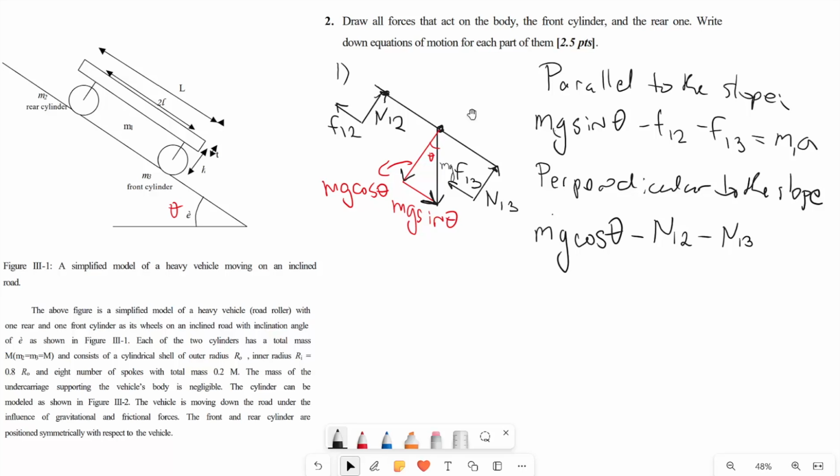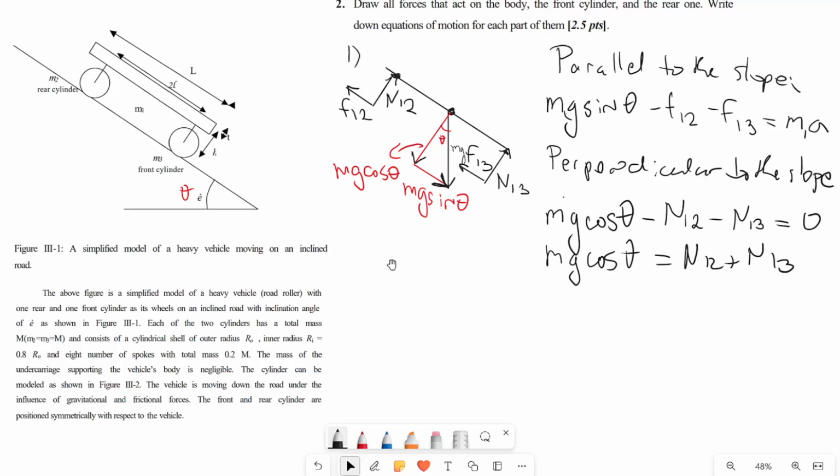Now there's no movement in the perpendicular direction. This thing is moving purely in the parallel direction. So the sum of all forces should be 0. We can directly say that mg cos theta is going to equal N12 plus N13.